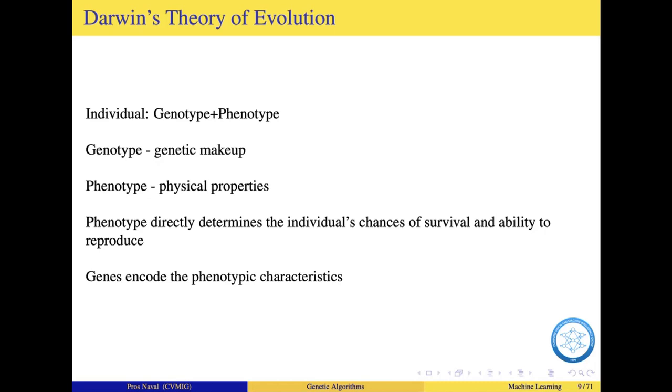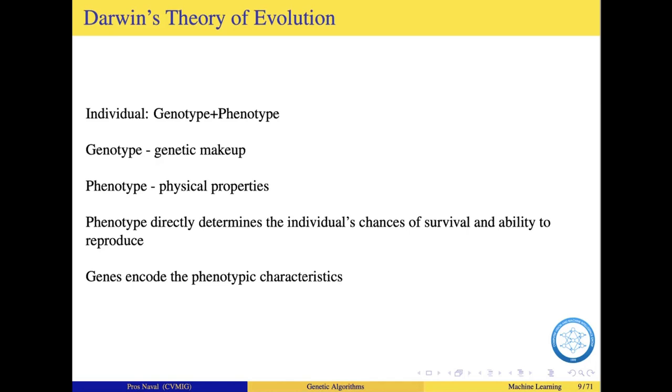So again, the genotype is your individual's set of heritable genes that is passed on from parents to offspring. For example, the genes for blue eyes.